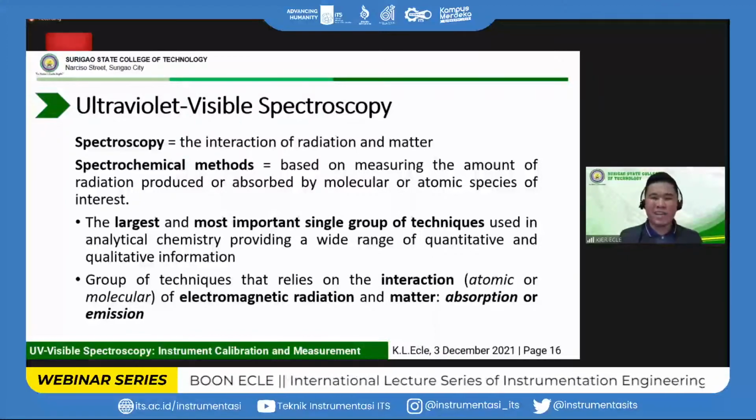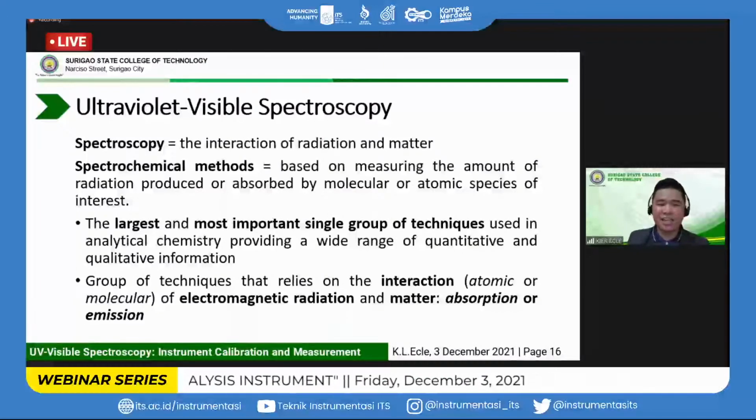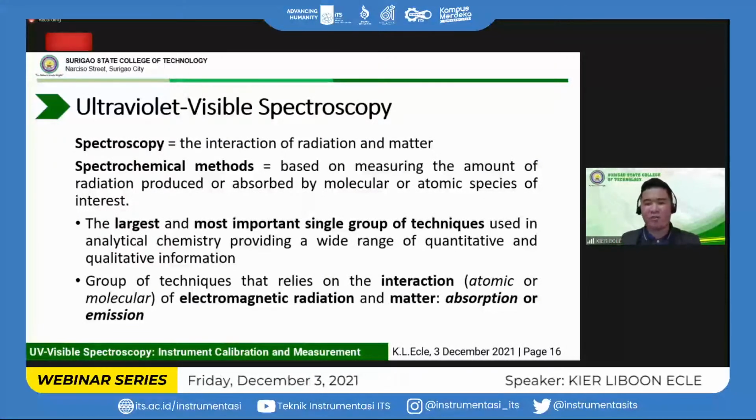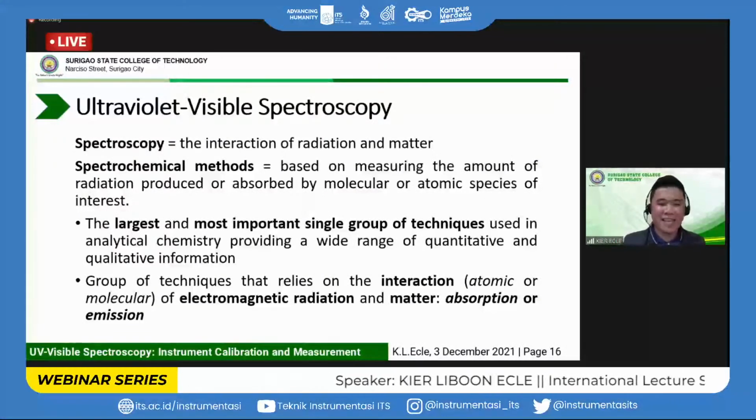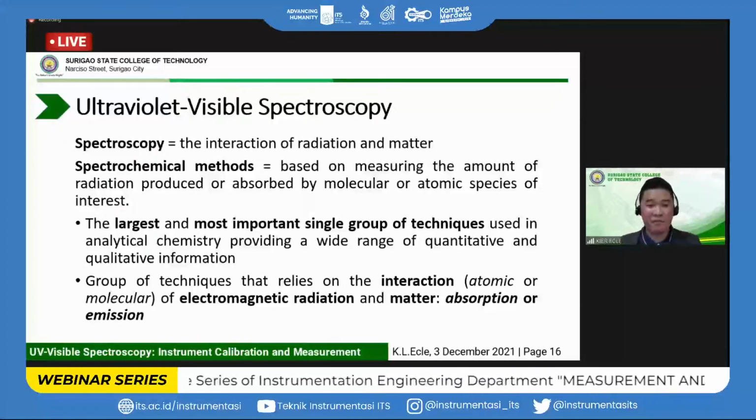Okay, so spectrochemical methods are based on measuring the amount of radiation produced or absorbed by molecular or atomic species of interest. This is the largest and most important single group of techniques used in analytical chemistry, providing a wide range of quantitative and qualitative information.